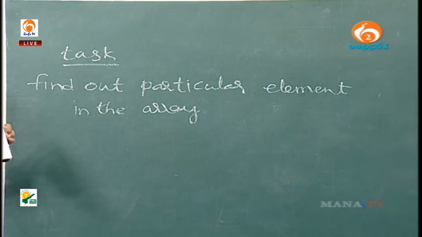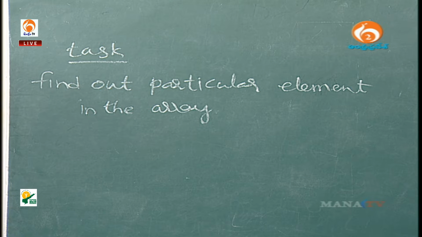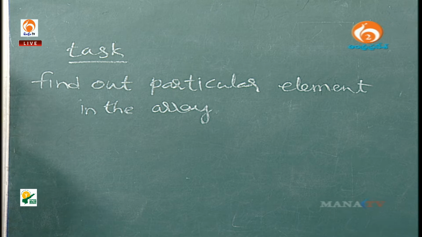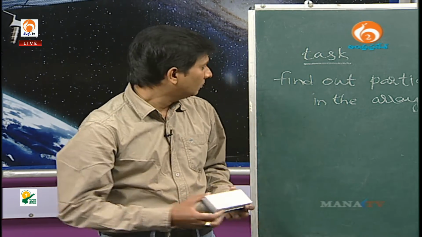Okay. Find out a particular element in the array. Please design this program. Write this program. Find out a particular element in the array. It is very simple. You need one loop and the second one is your if condition. Okay. That is enough. It is very simple.